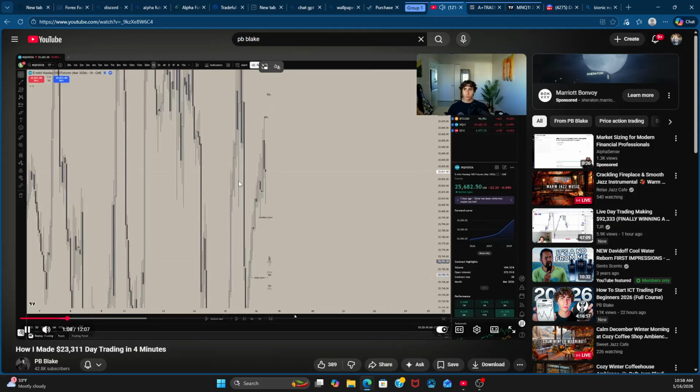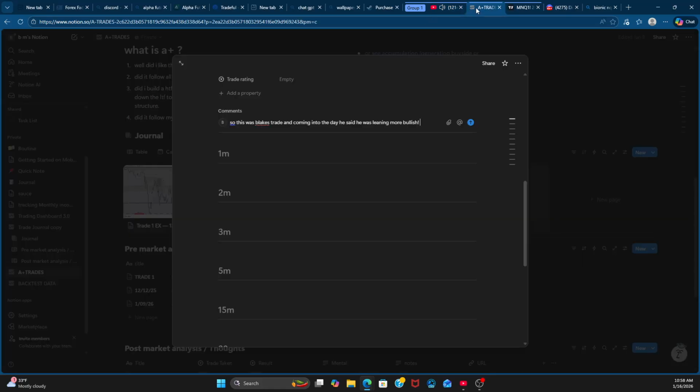So as you can see, if we just take a look over, we had London Lows trade into an hourly gap to push us higher before market open.